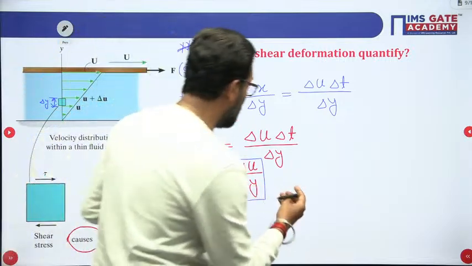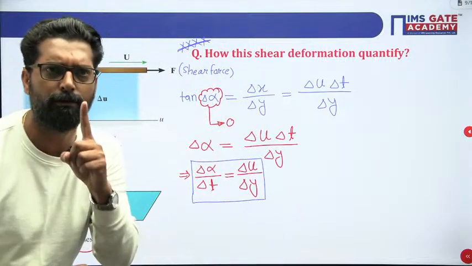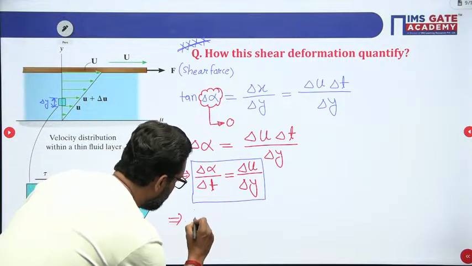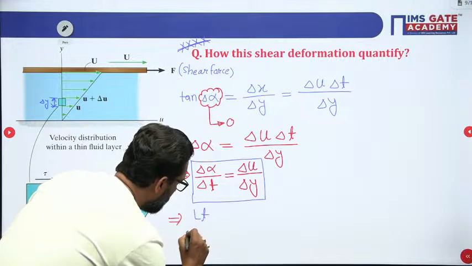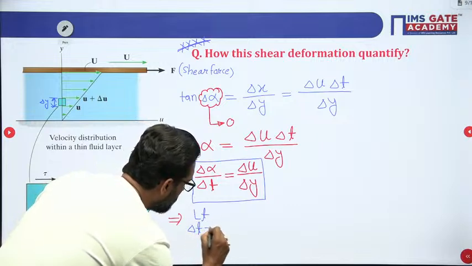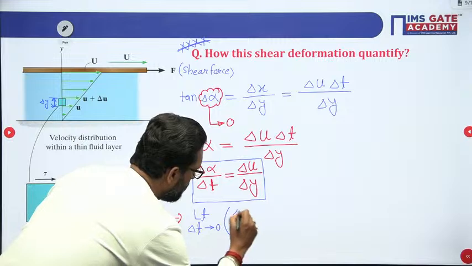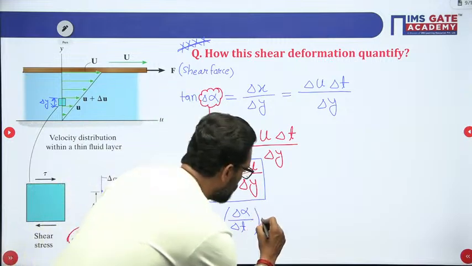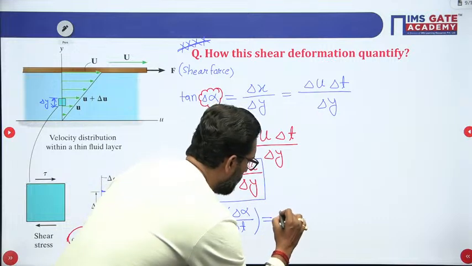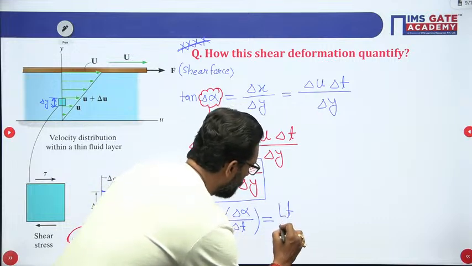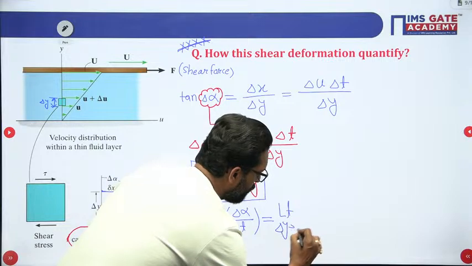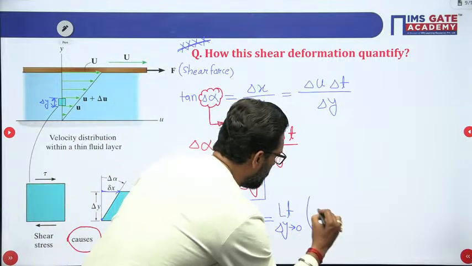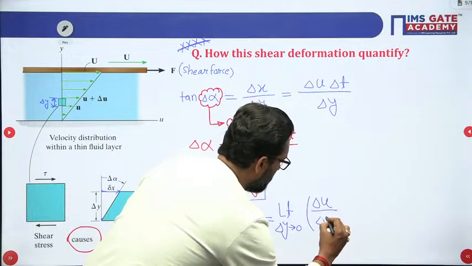So put the limit. This is a very important thing I am telling you. Here you have to put the limit delta t tends to 0 of delta alpha by delta t, and for two consecutive layers, delta y tends to be 0, not equal to 0, tends to be 0. So delta u by delta y.